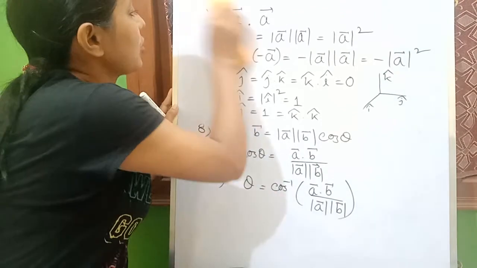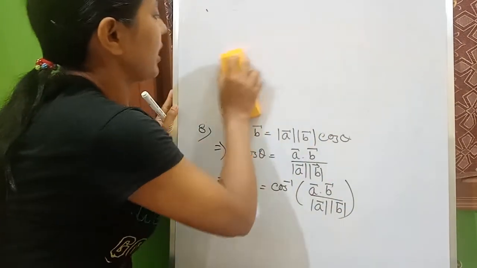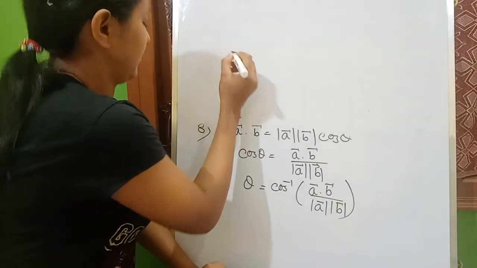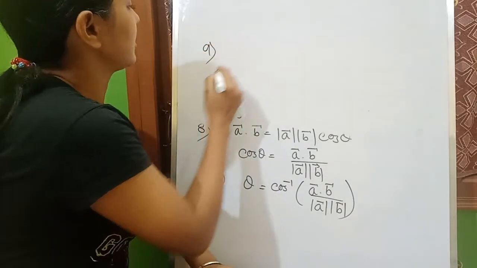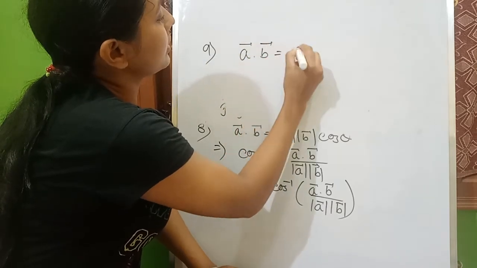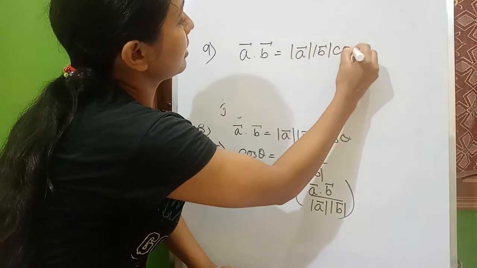And the last observation of dot product, number 9: A dot B equals mod A mod B cos theta.